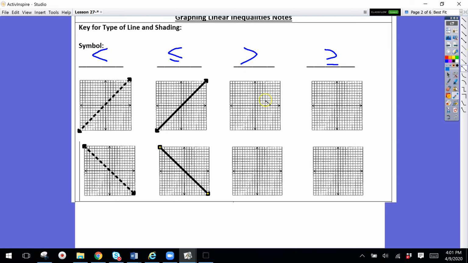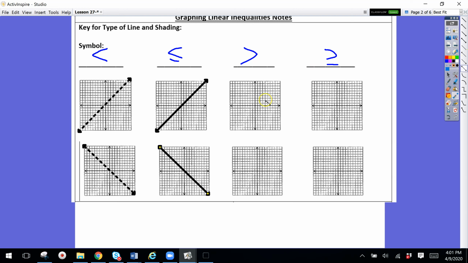Okay, so what type of line do we need? It has an equal sign, so that means I need a solid line. Need a solid line here. And then where are we shading? Well, we have to shade below here because it's less than or equal to.